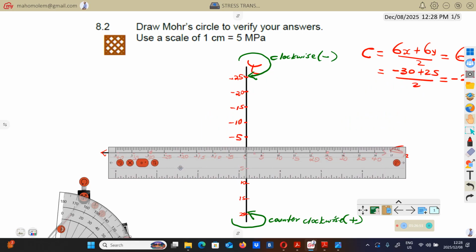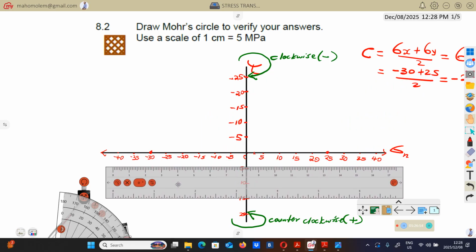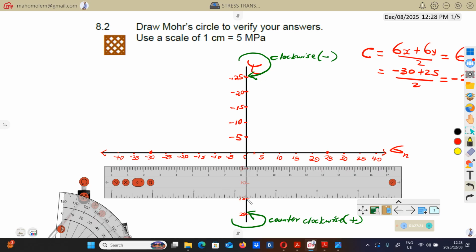So positive 15 is underneath. Remember, the shear stress can be positive, can be negative. So this positive is because of that anti-clockwise rotation. So anti-clockwise is positive for shear stress. I've started with that part. It's not visible.